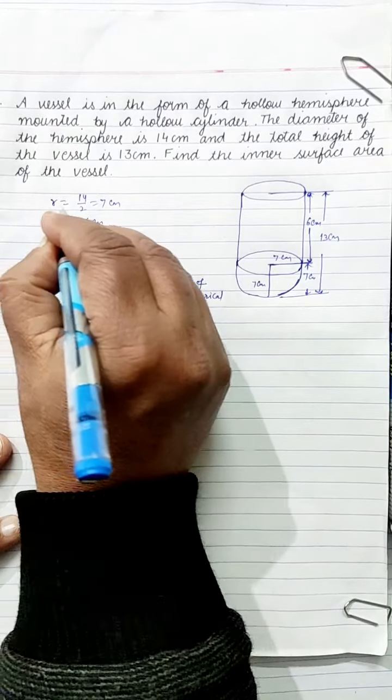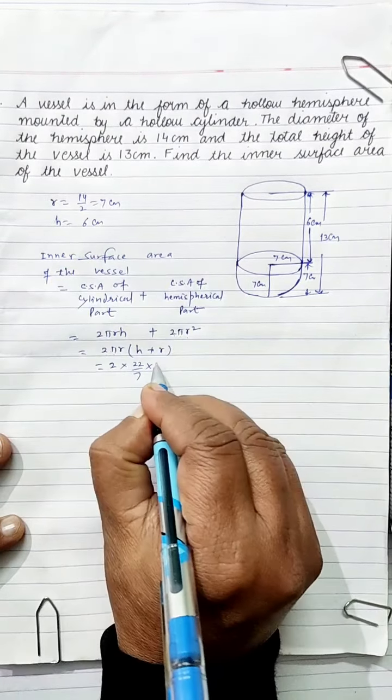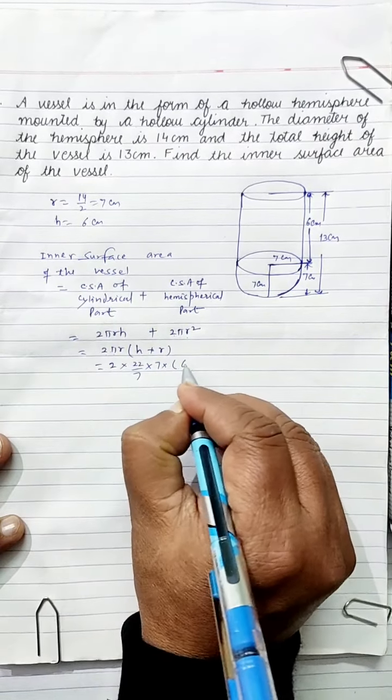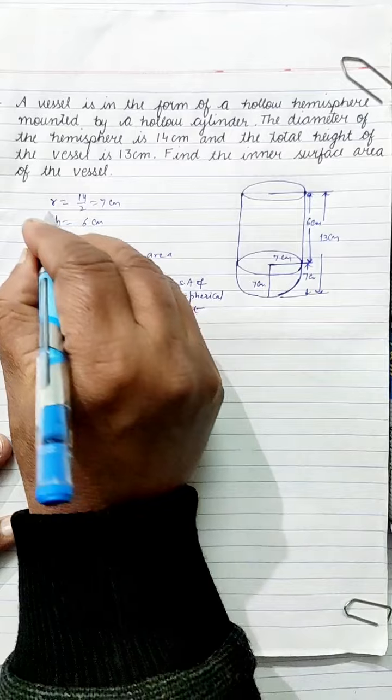Radius R is how much? 7. Height of cylinder how much? 6. Radius is 7.